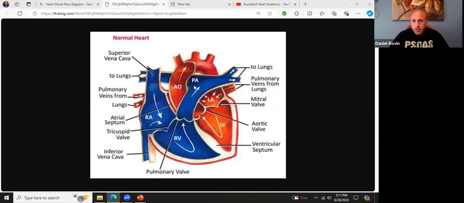So the atrium is the receiving chamber for blood, and that's smaller than the volume of what you can see going into the ventricle, which means the ventricle will only be pumping the volume of the atrium rather than the volume of the ventricle.